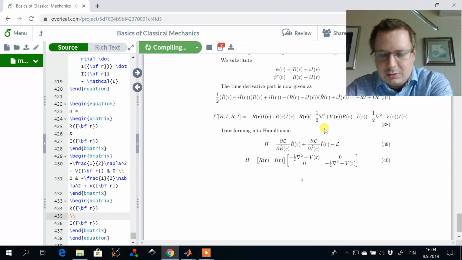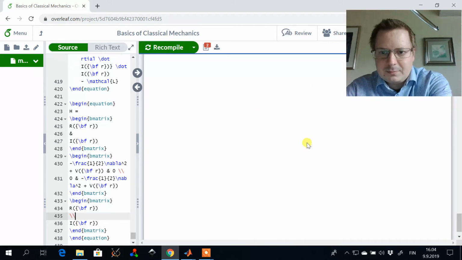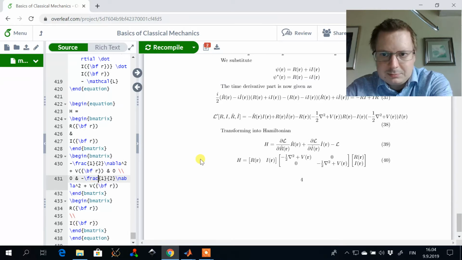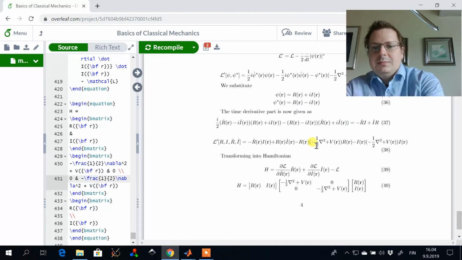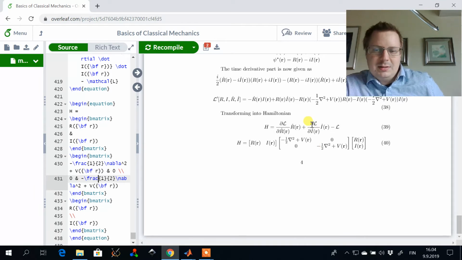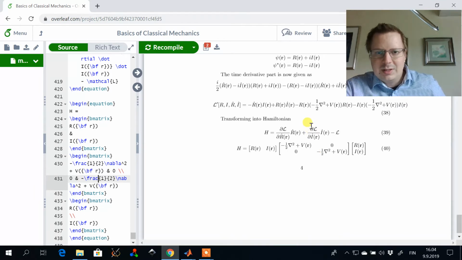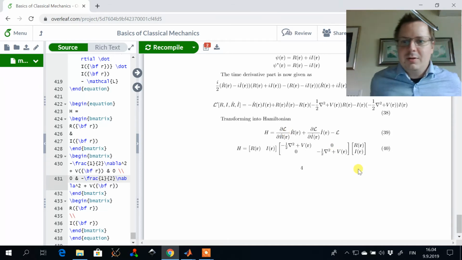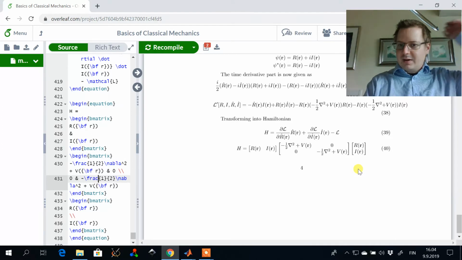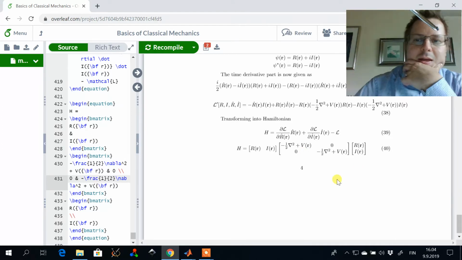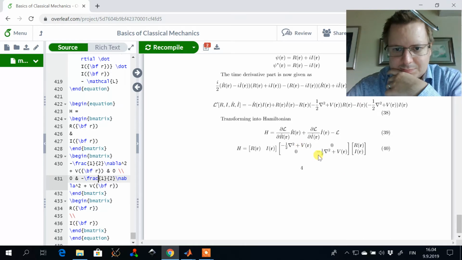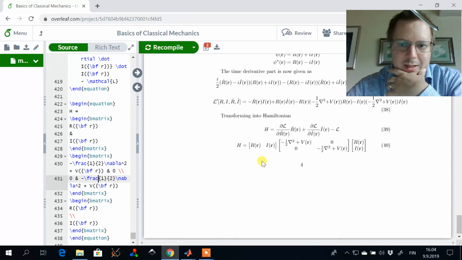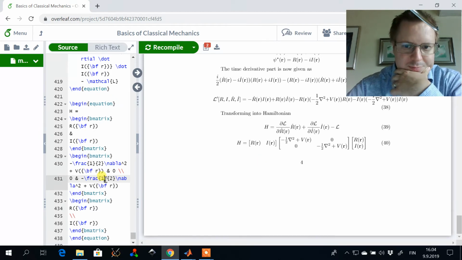Okay, so what's up with this? The good thing is that if you recall the last classical mechanics video, this is actually exactly how a harmonic oscillator was defined as well. So we now know that R and I are conjugate variables of each other, and we have a way to generate symplectic propagators.